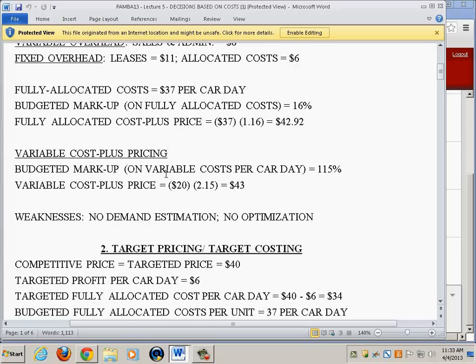So you could see that without directly and explicitly considering demand, and analyzing demand and estimating demand, we have no guarantees that we can reach our pricing objectives.